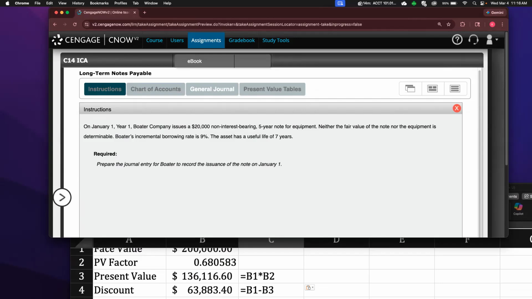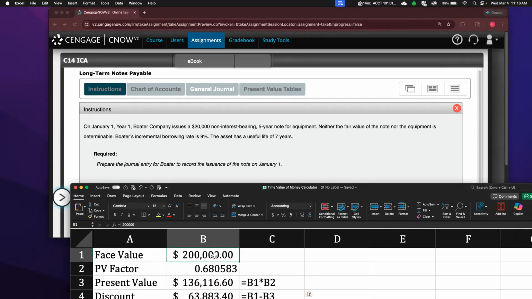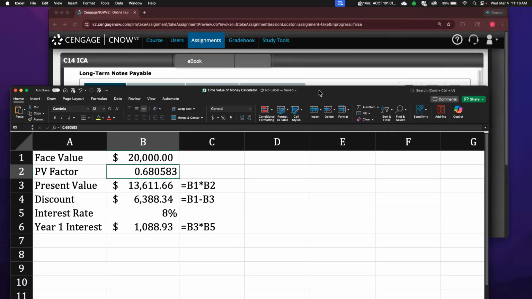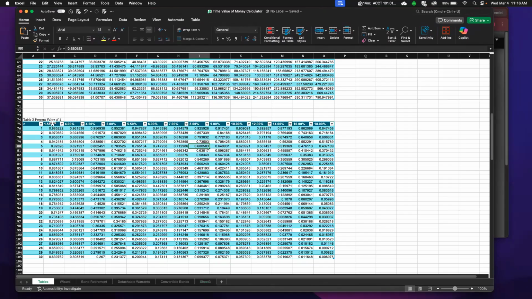So let's find the present value of the note, same way we did over here. Our face value, instead of 200,000, is 20,000. We're going to go find our present value factor in our table. So tables, present value of 1. It's a 5-year, 9% note. So 0.649931.